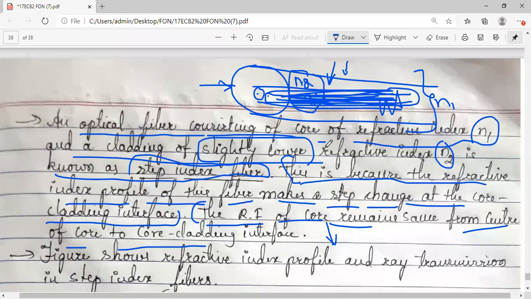But that is not the case with graded index. In graded index, multiple core layers will come wherein the refractive indices will differ. But here, throughout the core, wherever you take the point, N1 is the same. The refractive index of the core is the same. This is for step index.